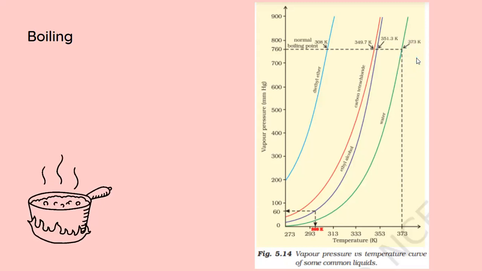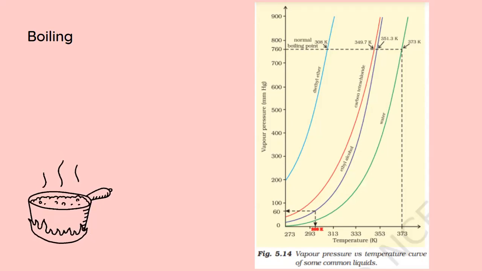However, the standard boiling point of water is slightly less, at 99.6 degrees Celsius. So when the pressure is 1 bar, the boiling point of water is 99.6 degrees Celsius. When it's 1 atmosphere pressure, it is 100 degrees Celsius.